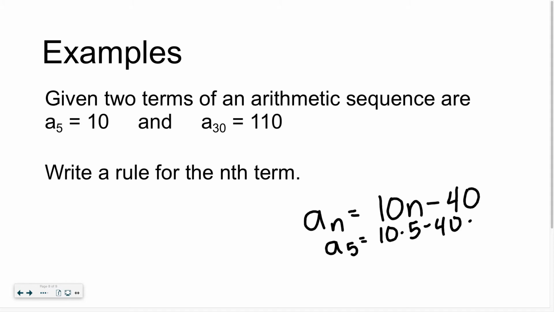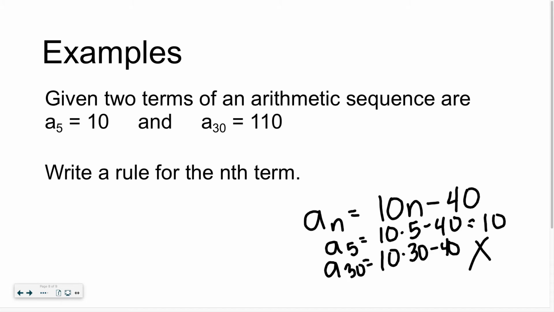Works? 50 minus 40? Yeah. A sub 30 equals 10 times 30 minus 40. Shoot. That's 300 minus 40, so that's going to be 260.